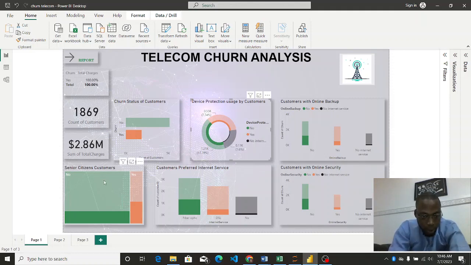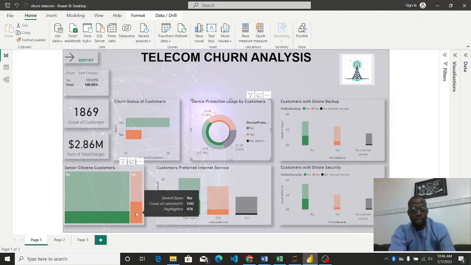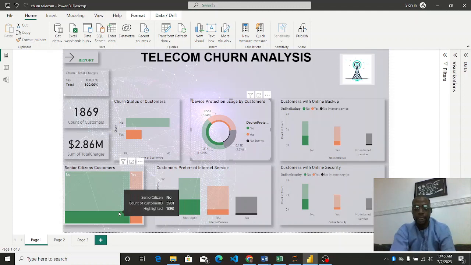And for that, we can see that the yes are 476, while the no are 1,393. So with this particular metric, we can see that we have fewer senior citizens and more junior citizens, in brackets youths. I would like to call them youths. So we have more youths that churned the organization than senior citizens.